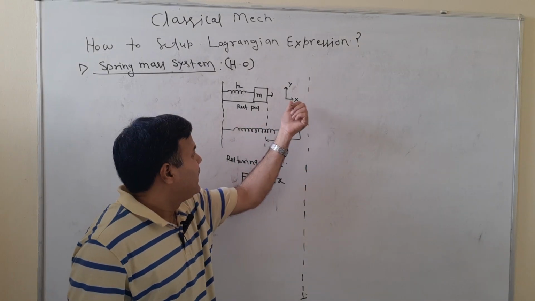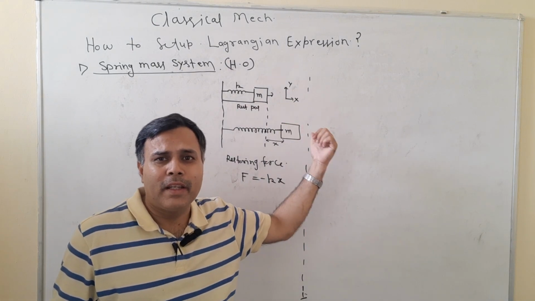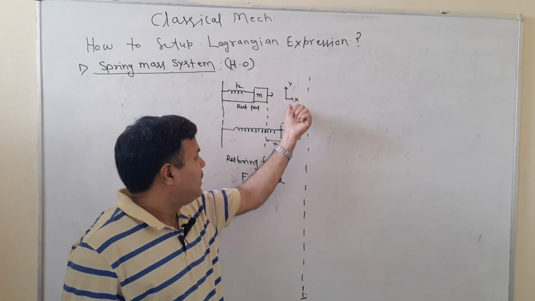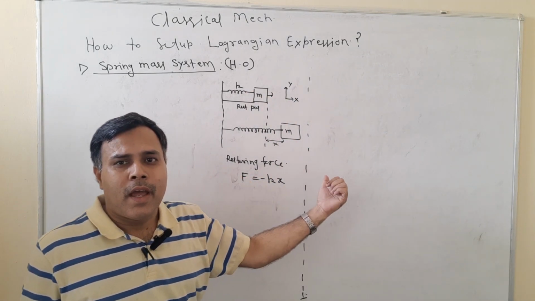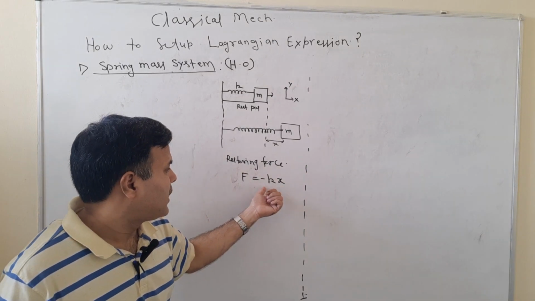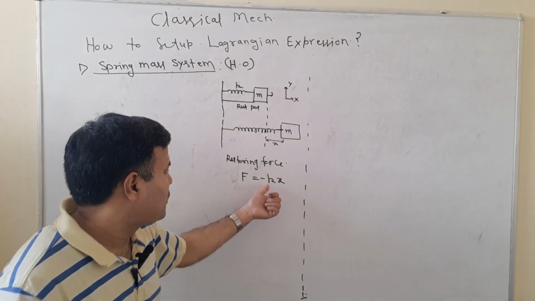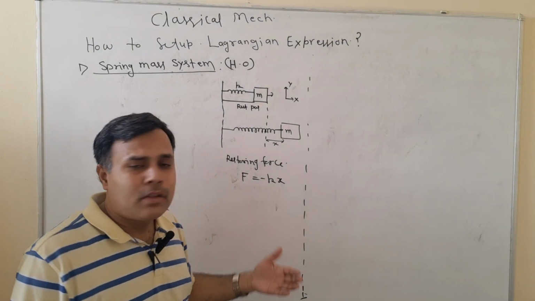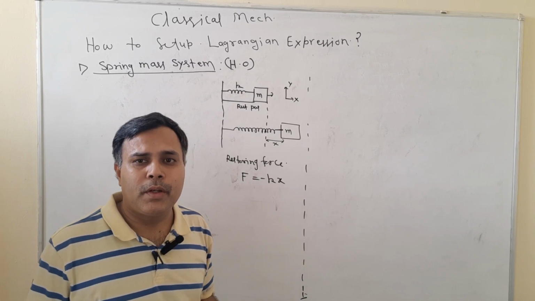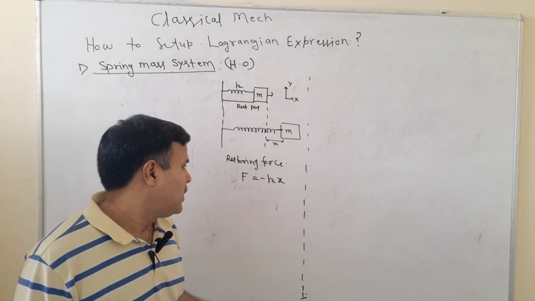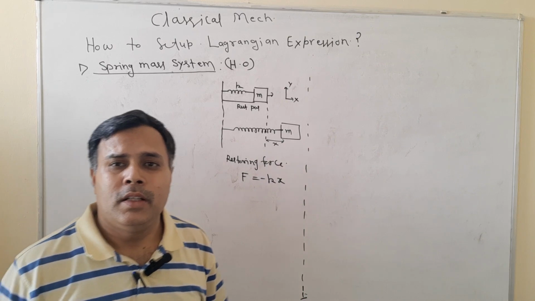This direction is x; we can consider it y or z, it's up to us, but in this case we consider the stretching in the x direction. So the restoring force is F equal to minus kx. The minus sign means this is opposite to the displacement. The restoring force is the force which tries to bring the system back to its equilibrium or initial position. So this is the physics behind this physical system.